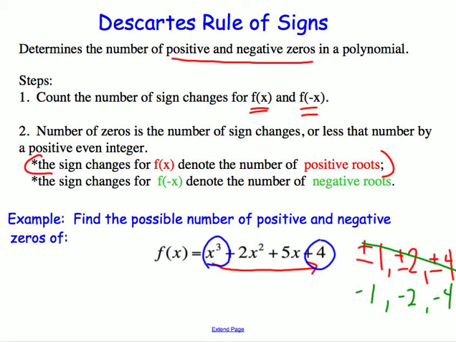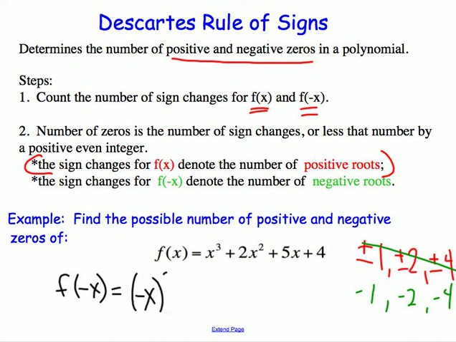Now we look at the sign changes for f of negative x. I'm going to plug in negative x everywhere that I see x: negative x to the third, 2 times negative x squared, plus 5 times negative x, plus 4.